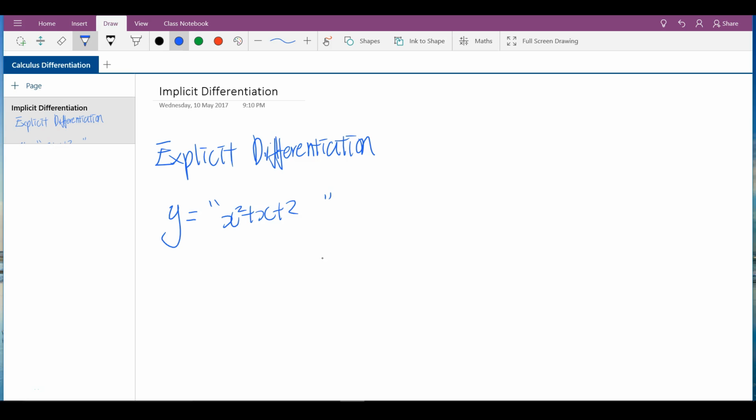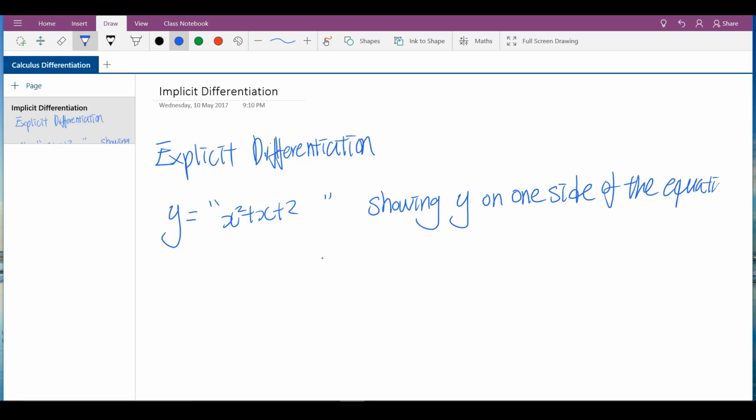So explicit differentiation is deriving a function or equation that shows y on one side of the equation and the rest on the other side of the equal sign.